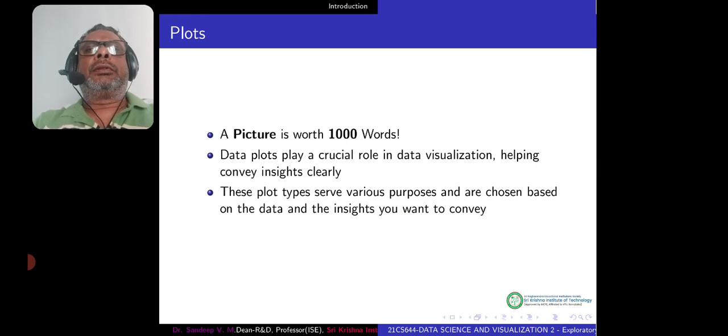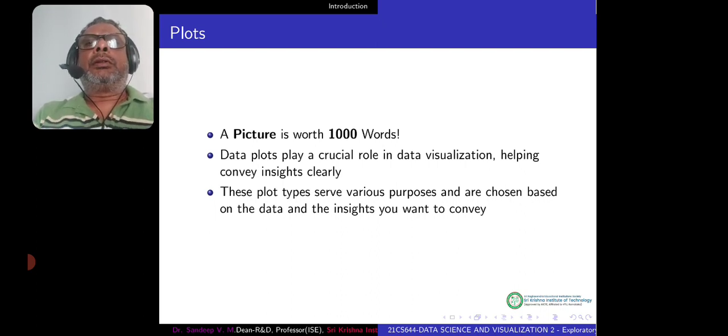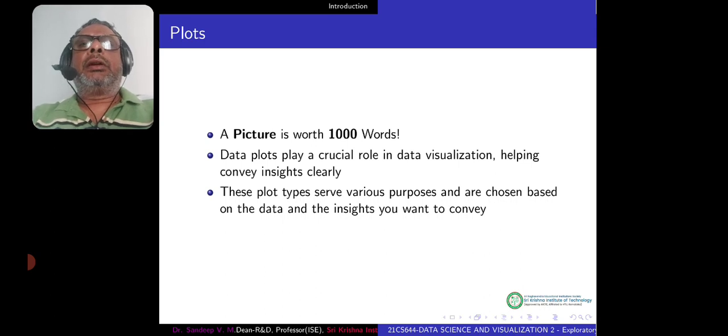These plots serve various purposes and are chosen based on the data and the insights we want to convey. So there are many types of plots. Depending on the data we are working with and depending on what information or insight we want to convey, the appropriate plot will be selected.